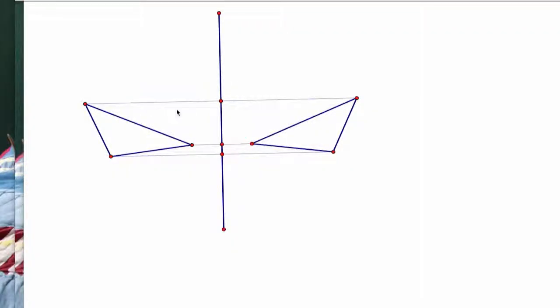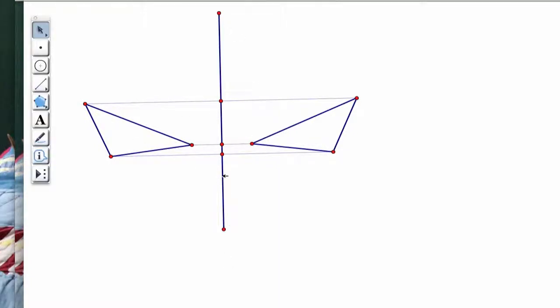For the first demonstration, this is a reflection. The triangle here is being reflected by the line of reflection, and this is the reflection of the first image, the pre-image.